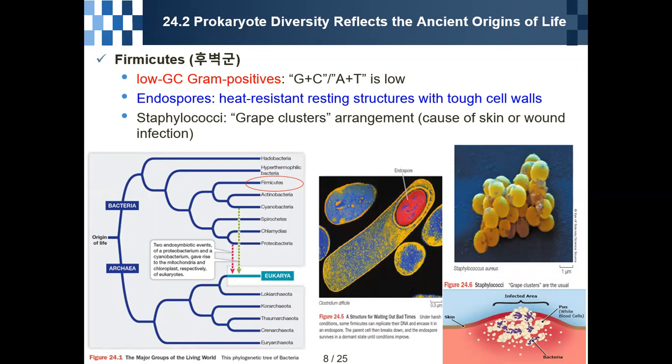The very famous example is Staphylococci. They look like a grape cluster arrangement, like grapes. It can cause skin infection or wound infection. Usually we can kill bacteria by raising the temperature.